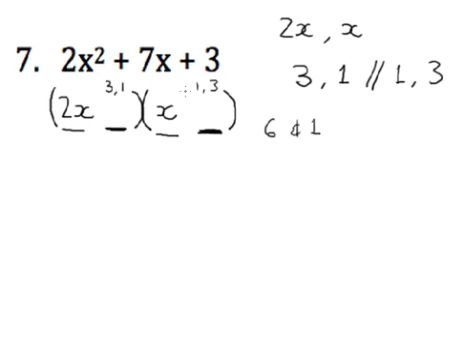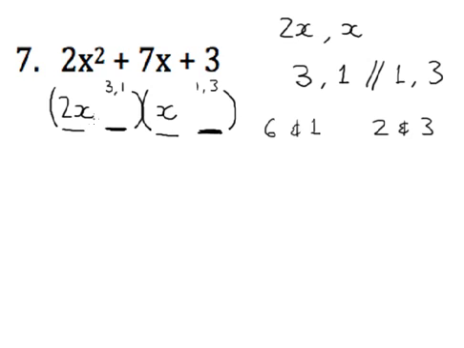Or I could have the 1 over here, so I get 2 times 1 and 1 times 3. So I could have a 2 and a 3. Now, since the outer and inner terms are going to be added together, you can see that if I want to get 7, I'm going to have to use the 6 and the 1.